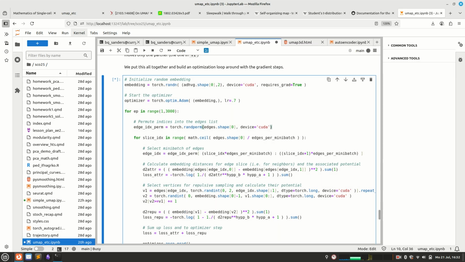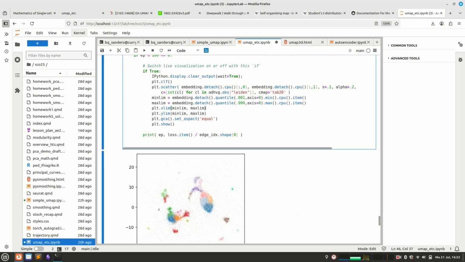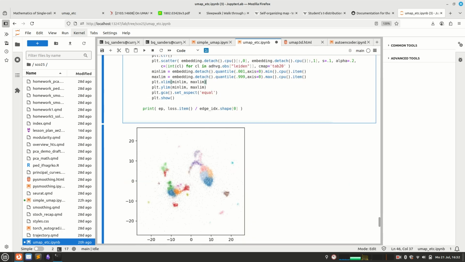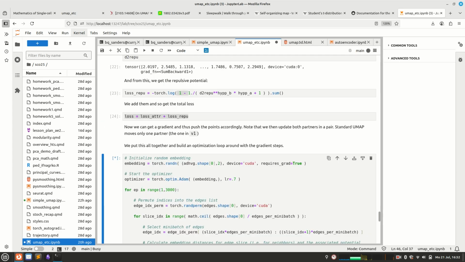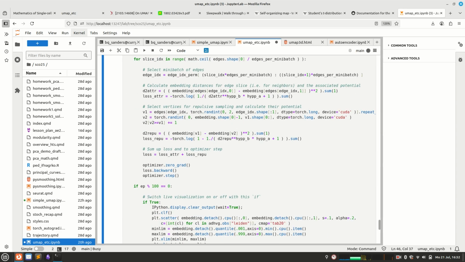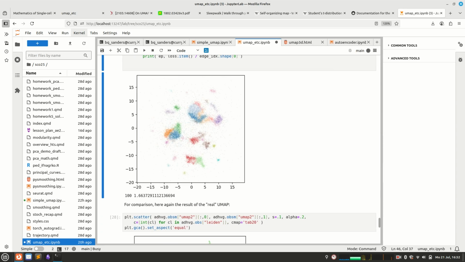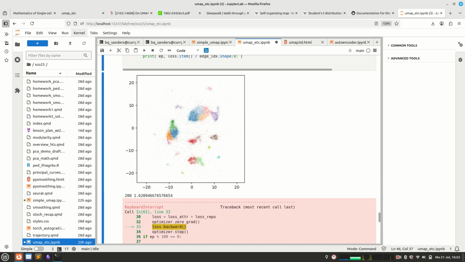So let's start here with stop. And here for comparison, this is what I got last time.